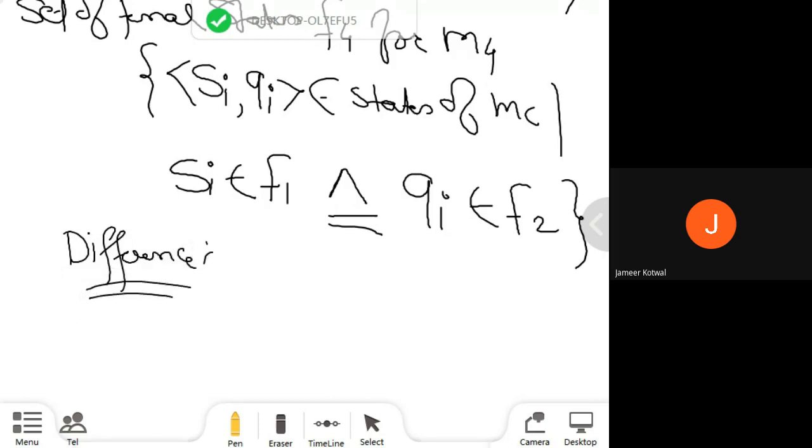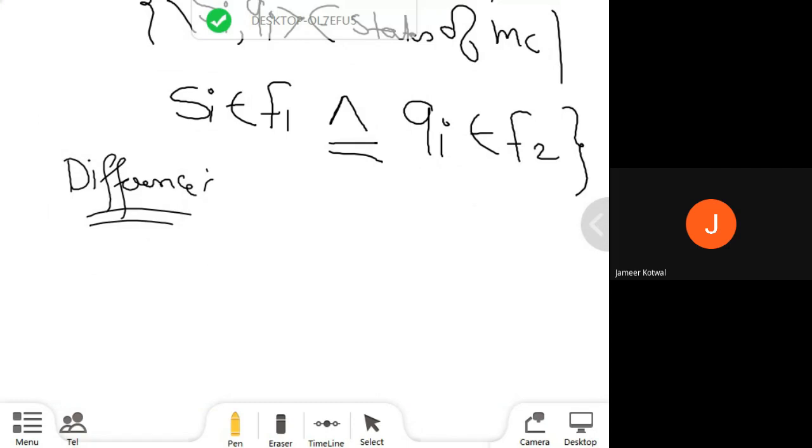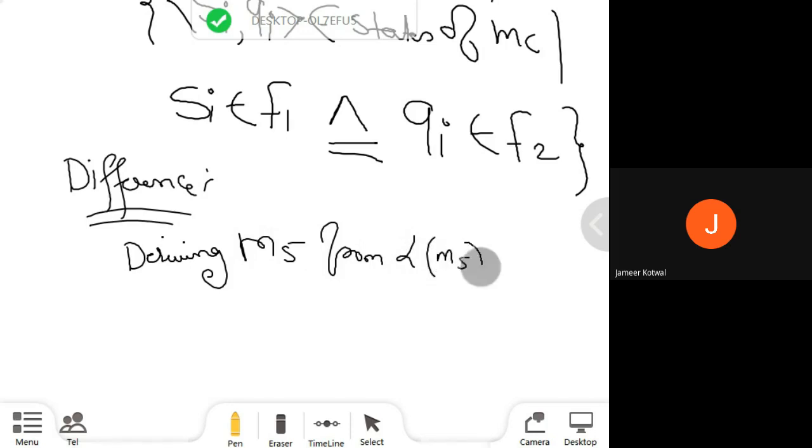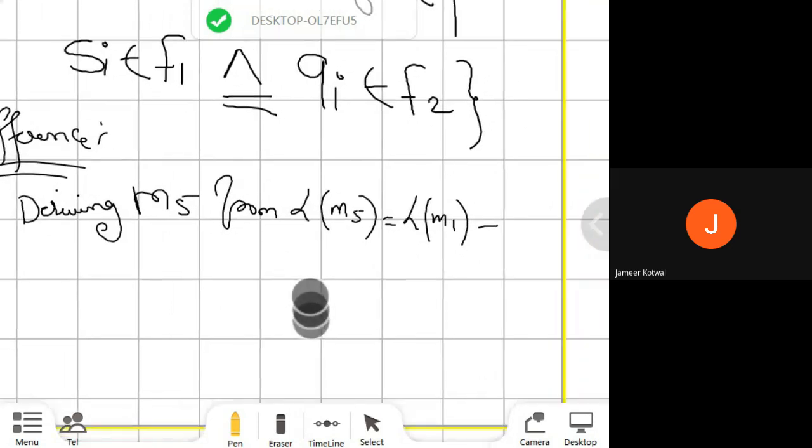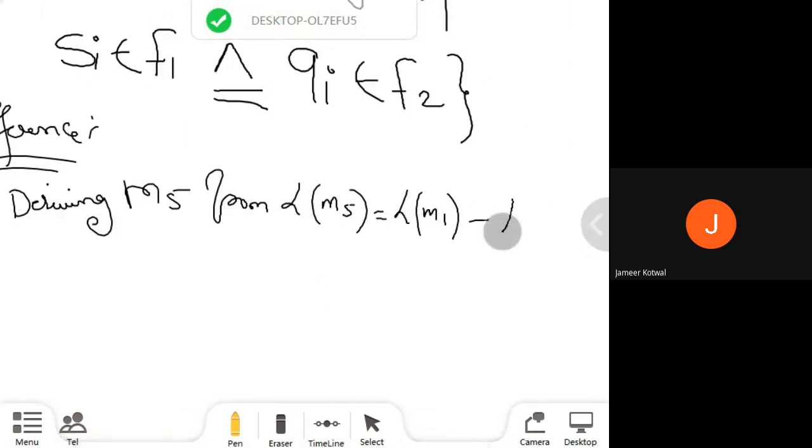So we consider the machine. Fine. So deriving the machine M5, so the language of M5 is equal to the language of M1 difference the language of M2.